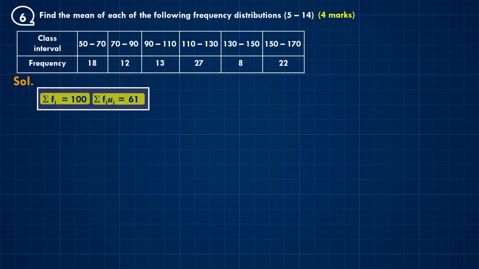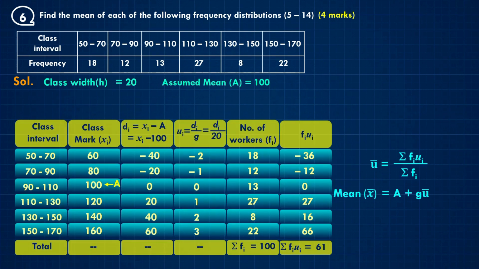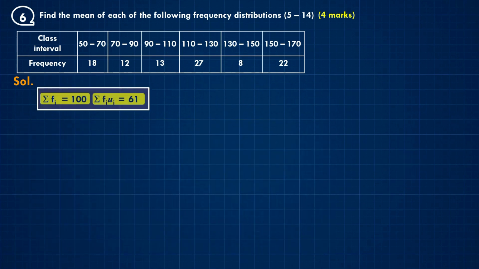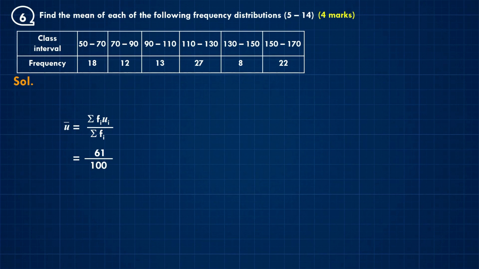So now we already have the values, summation of fi and summation of fi ui. U bar is equal to summation of fi ui by summation of fi. Putting the values over here, 61 by 100, that is 0.61.